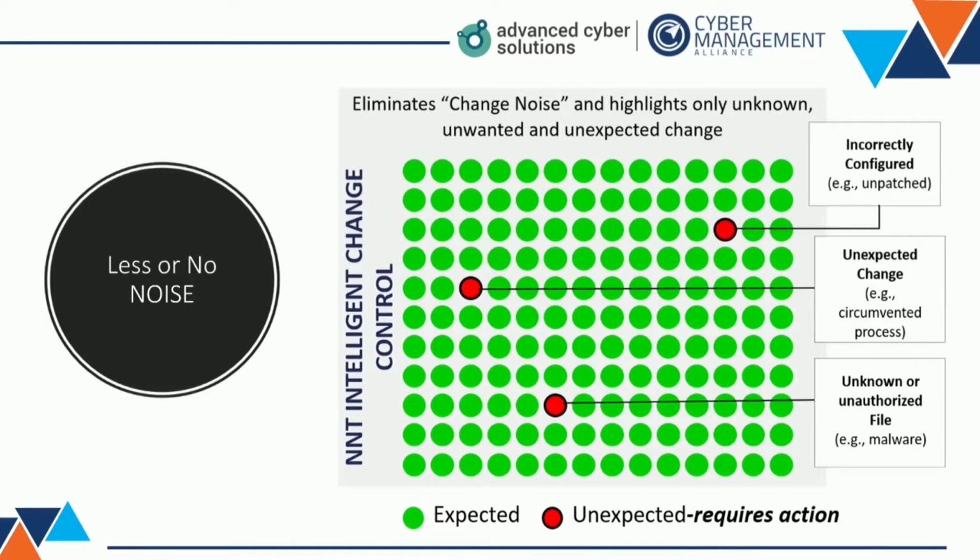And if you think about the number of changes, if you patch 200 servers, you're probably going to get somewhere in the region of 60,000 file changes. Sorry, just say that again slowly.